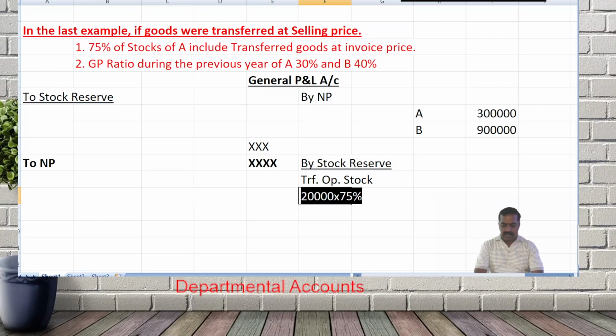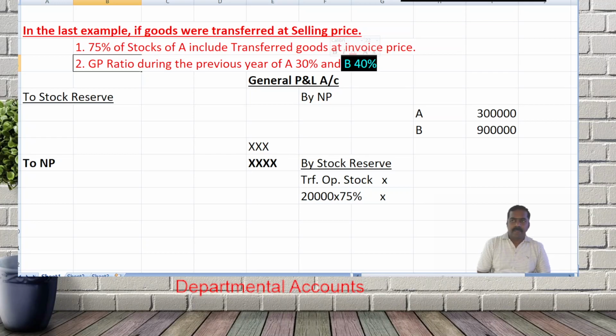75%. 20,000 into 75%. This into what is the profit margin? There are two profit margins given. GP ratio of A is 30%, B is 40%. Which GP ratio will you take? Who transferred goods? B transferred goods. Who charged profit? B charged profit.